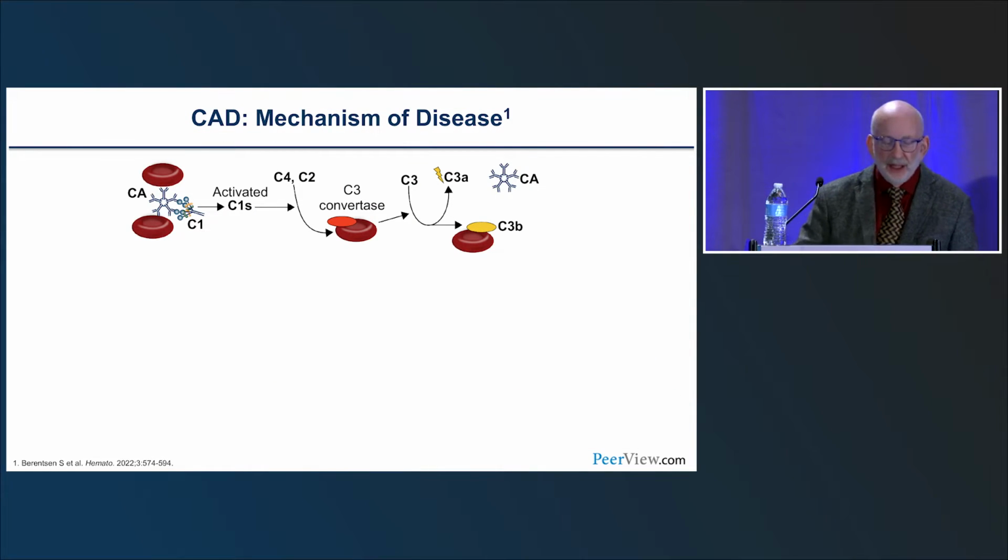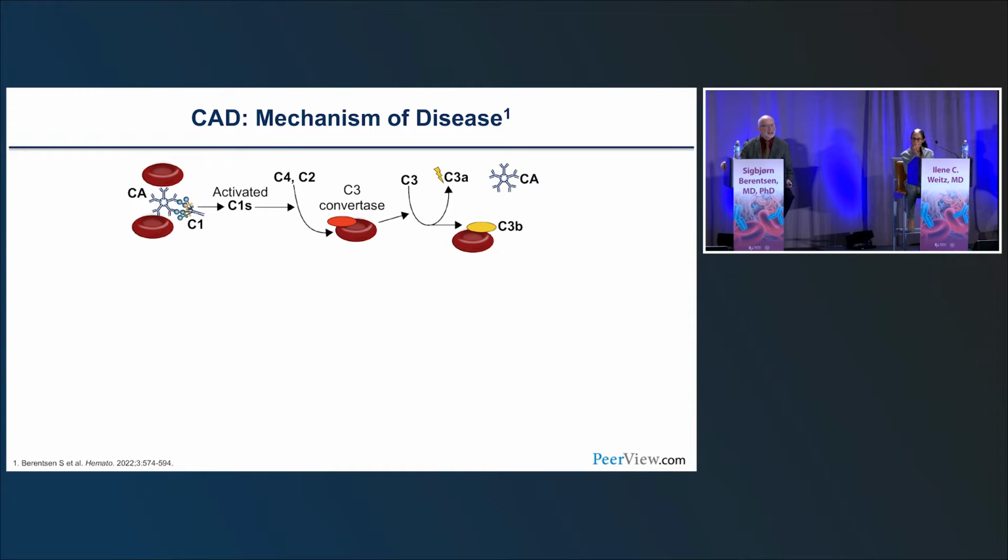So then we will have a look at the mechanism of disease, and to be correct and not conceal anything, the pathogenetic mechanisms do not start where we see in this slide, because cold agglutinin disease is a bone marrow clonal lymphoproliferative disorder, not classified as a malignant disease, but still as a clonal disease, and it's recognized as a clonal lymphoproliferative bone marrow disorder by the recent revision of the WHO classification this year.